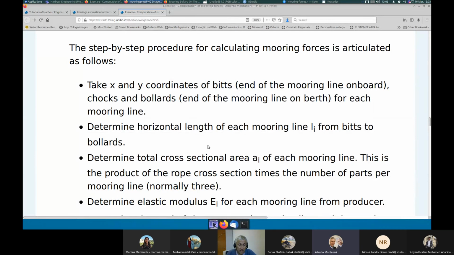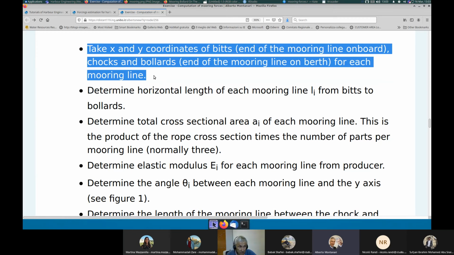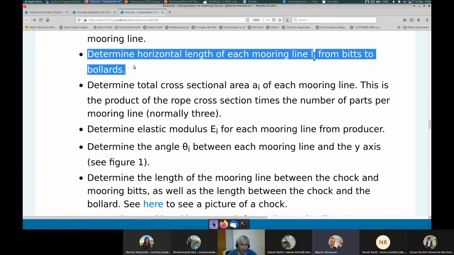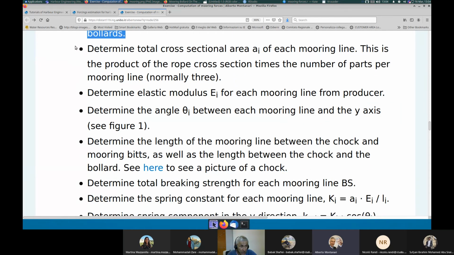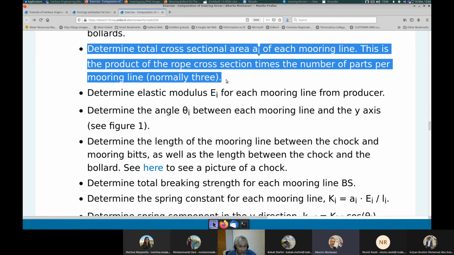Let's read it quite quickly. So it's a step-by-step procedure. We have to take X and Y coordinates of bits, chocks and bollards. We have to determine, we already did it, the horizontal length of each mooring line from bit to bollards. We have to determine the total cross-sectional area of each mooring line, and we have the information to do that.